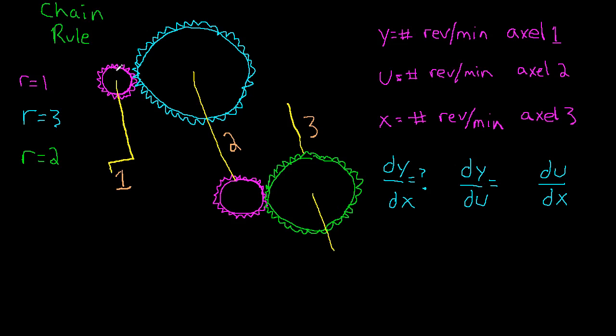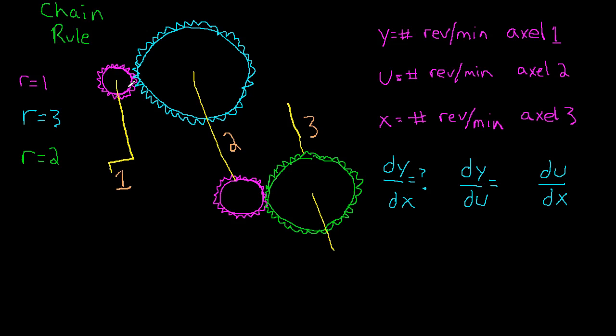If this has a radius of 1, and it turned just 1 revolution, okay, you came over here on this handle and you turned it only 1 time, what would this great big sprocket do? Would it turn 1 time as well? Clearly it wouldn't. Its radius is 3 times bigger, therefore its circumference is 3 times bigger.